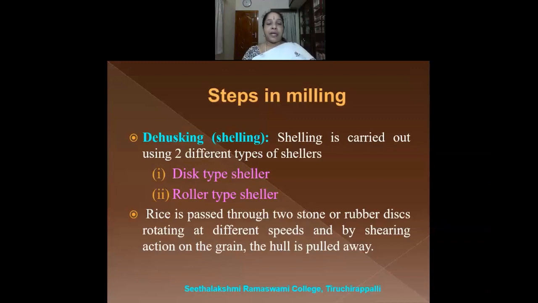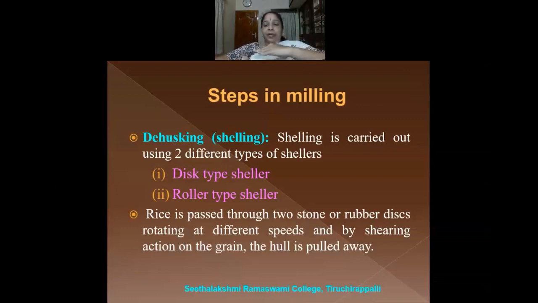As the name indicates, in one of the shellers we have the discs and in the other we have the rollers. Rice is passed through two stone or rubber discs. You would have seen the discs. Discs are nothing but circular objects. So there will be two discs, one disc will be like this and another disc will be like this.